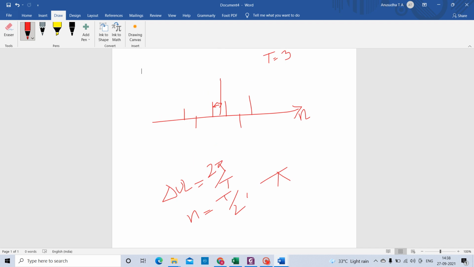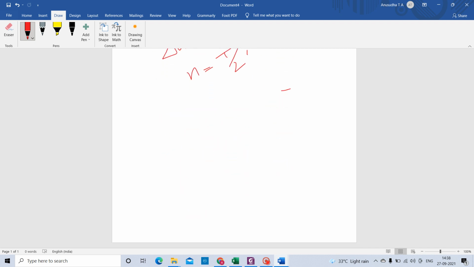This is for t equal to 3. Now we will draw the frequency spectrum for t equal to 5. Here the x-axis is n and the y-axis is amplitude. So here t is equal to 5 and the number of samples is increased in the sinc function.